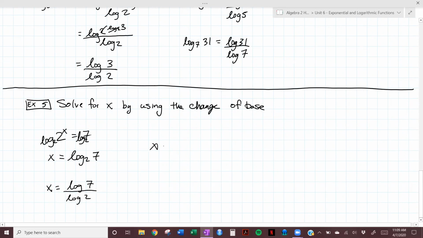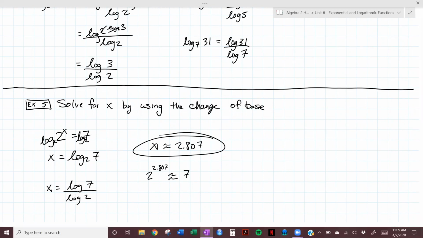You punch that into your calculator and x is approximately 2.807. How can you check that? You can say 2 to the 2.807 is approximately 7, and you should get that in your calculators. Okay? So that is pretty much this section.